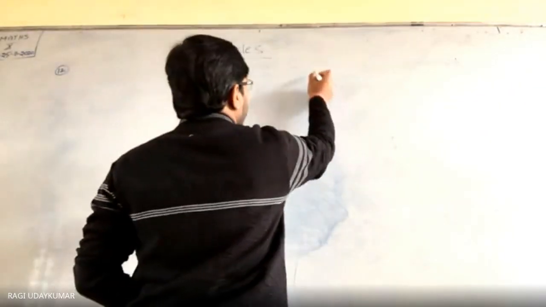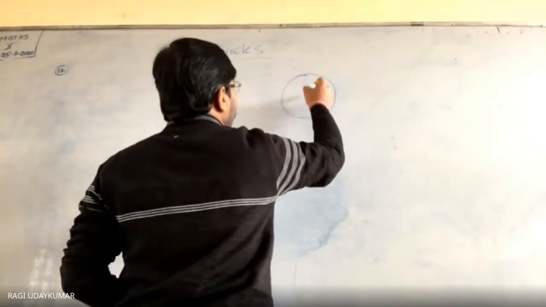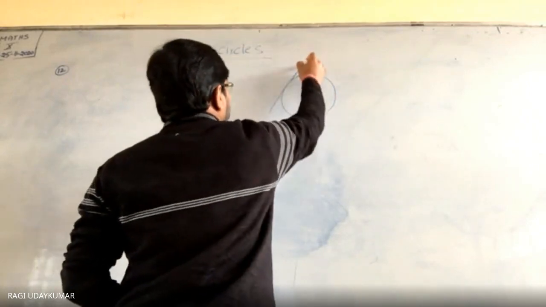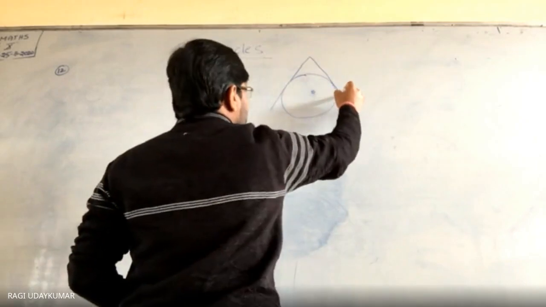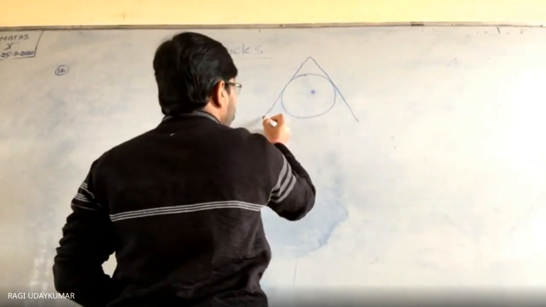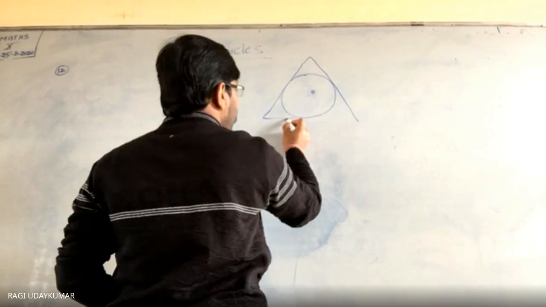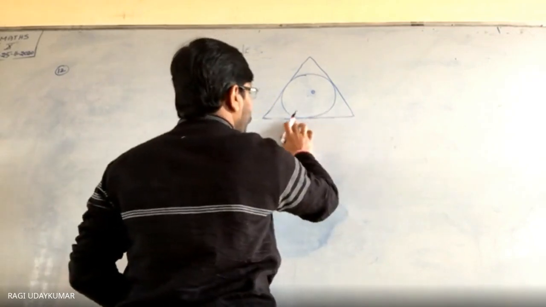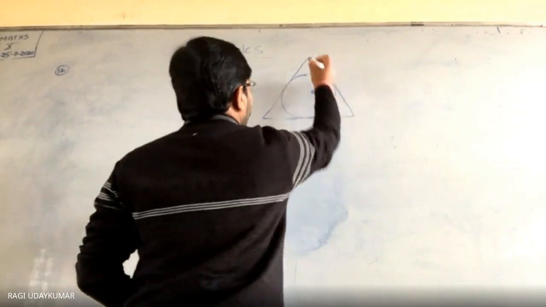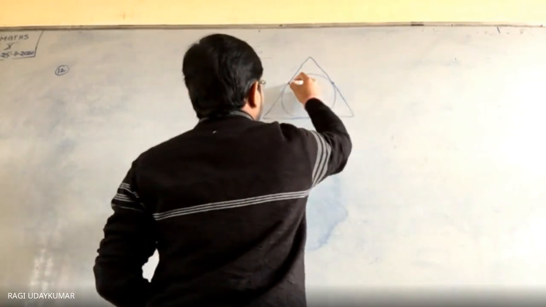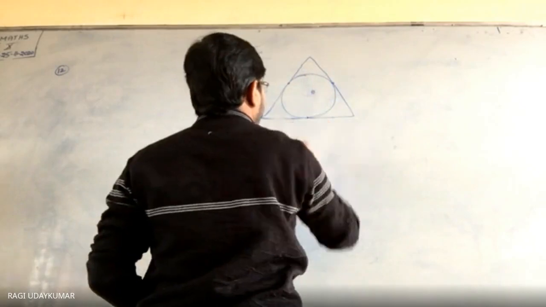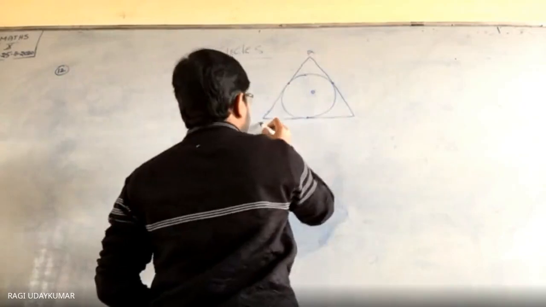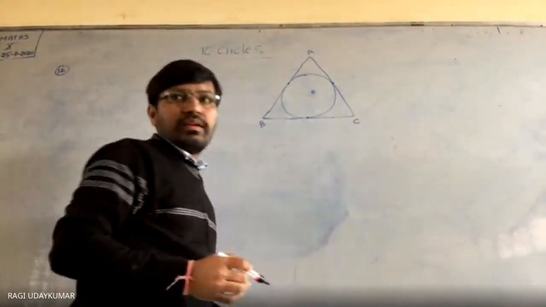A circle is taken with center O, and a triangle is drawn. So the triangle is here with the center O. This is A, B, C.